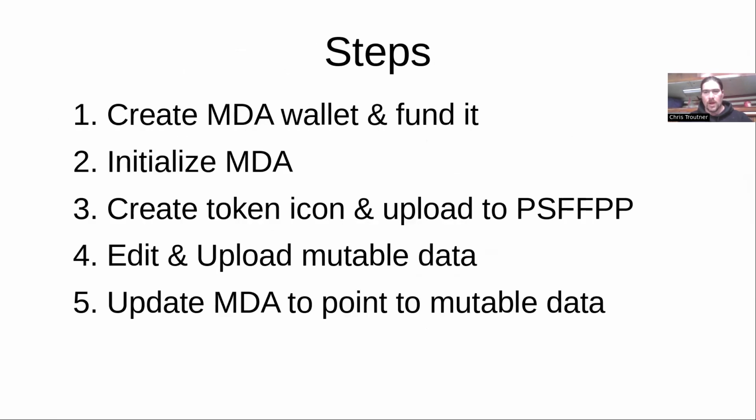So I'm going to quickly go over the steps that I'm going to cover in this video. So first, we have to create what's called a mutable data address, or MDA. And that is the address that controls the mutable data. So even though the creator of the token can send the token to someone else and they no longer have it, they can retain the ability to edit the data that token represents.